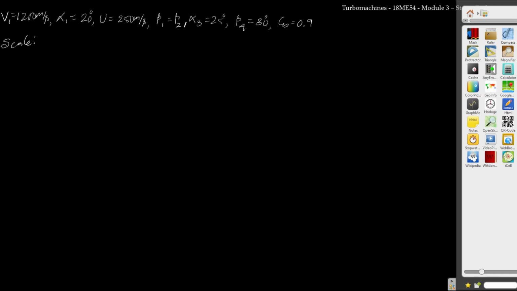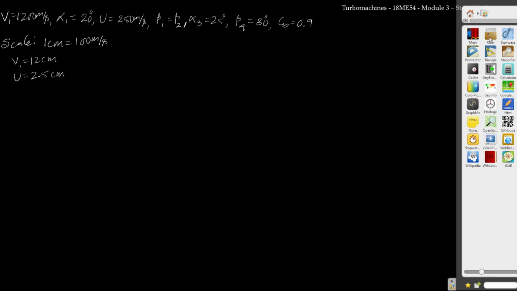Here, by looking at the values, I can select a scale of 1 centimeter equal to 100 meter per second. That gives me a length of V1 as 12 centimeter and the length of U as 2.5 centimeters. Now I have all the ingredients to start the construction of velocity triangle.